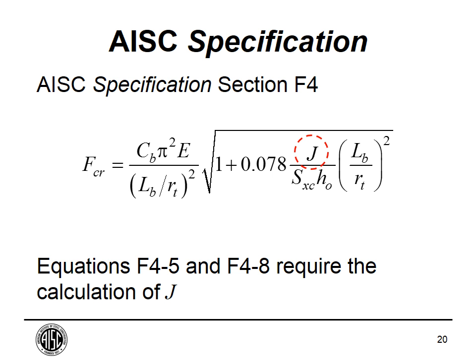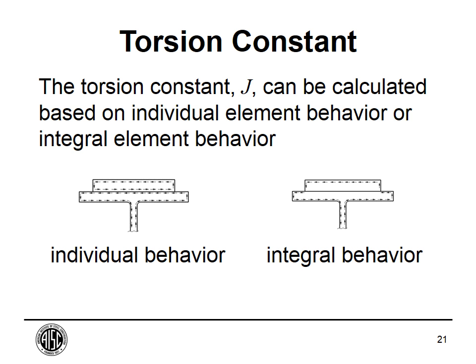So I'll show you my main concern here. I'm not so much worried about the equations again in this section, but I'm more concerned about just the philosophy behind this, and I'll show you why on the last couple of slides of this section. Let's look at individual behavior. There's 2 ways you can calculate J. The first one is individual behavior.